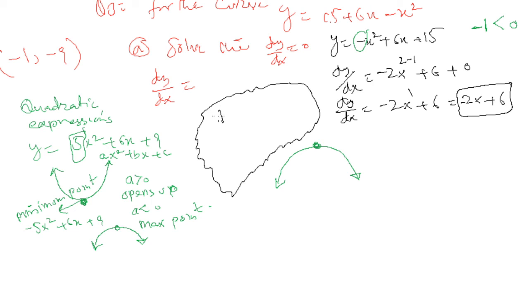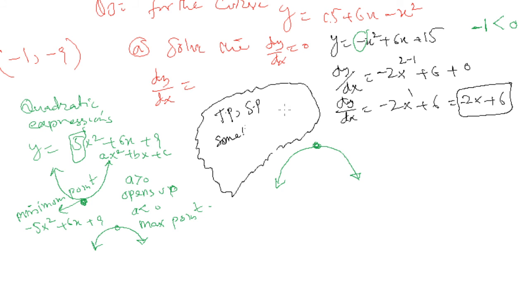Turning point, stationary point. The turning point and stationary point are both the same. And sometimes these turning points or stationary points are also called minimum point and maximum point.